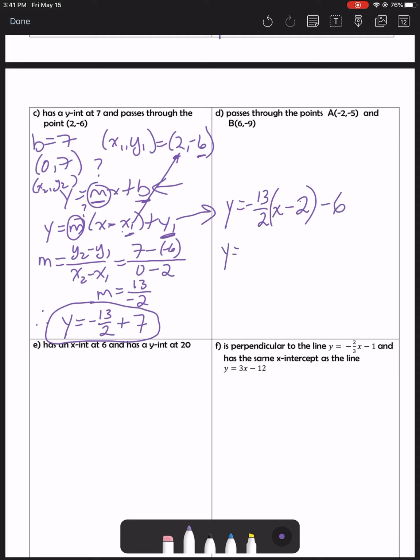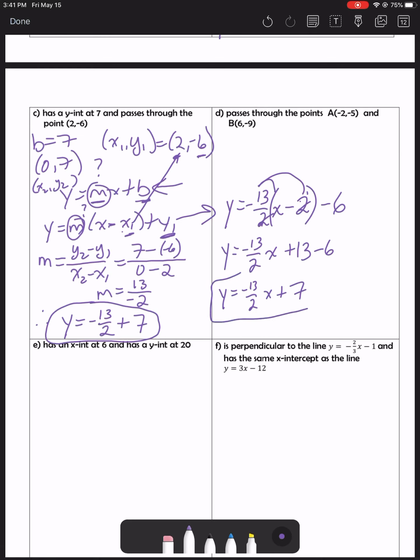So y equals negative 13 halves x, expand this out, that's plus 13. When you do negative 13 halves times negative 2, the 2's will cancel, and so you're just left with the 13 times 1, and then minus 6, so y equals negative 13 halves x plus 7.